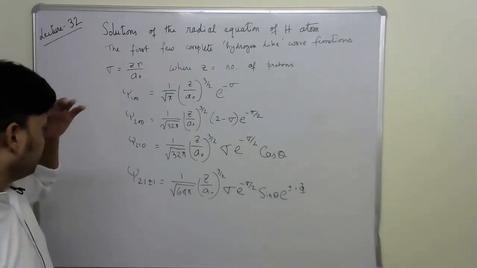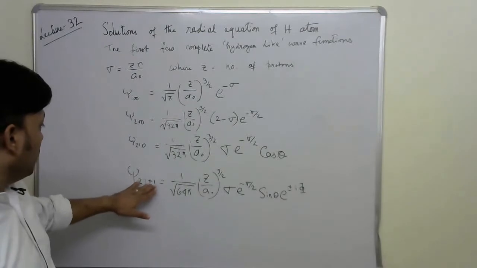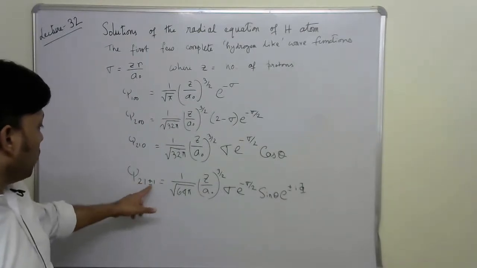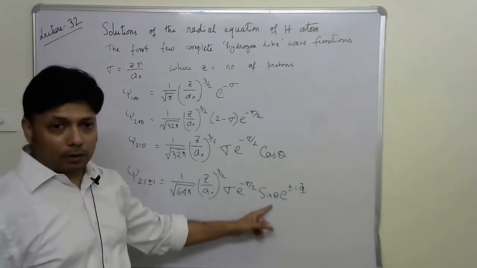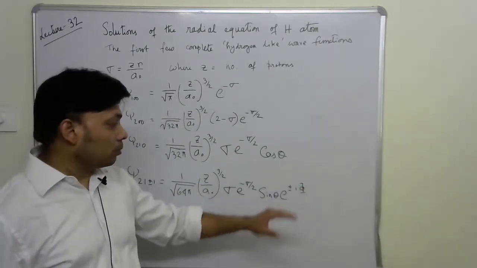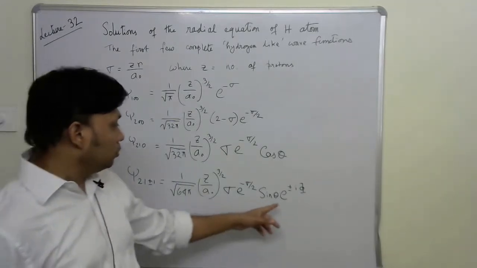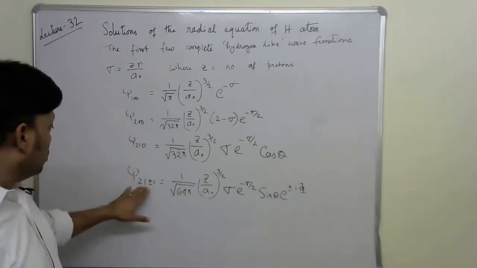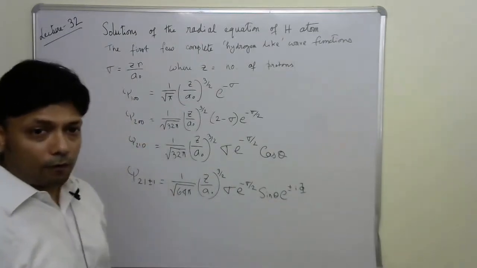For psi 21 plus or minus 1, where L is non-zero, we have the sine theta part, and then e to the power plus or minus i phi. So if it is 2,1,1, it should be e to the power plus i phi, and if it is 2,1,minus 1, it should be e to the power minus i phi.